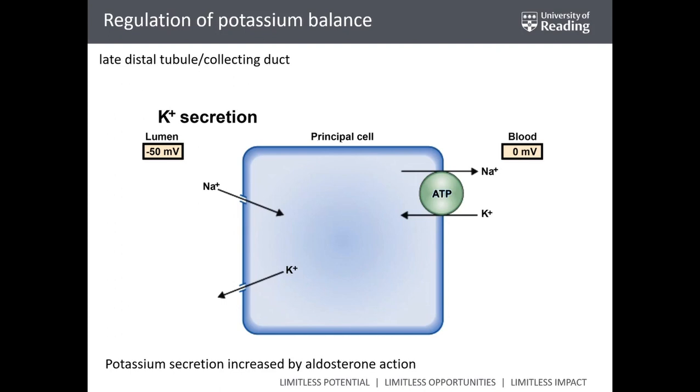We've got principal cells. And the principal cells are characterized by passive channels for sodium and potassium on the apical membrane, and an ATPase sodium potassium pump on the basolateral membrane.